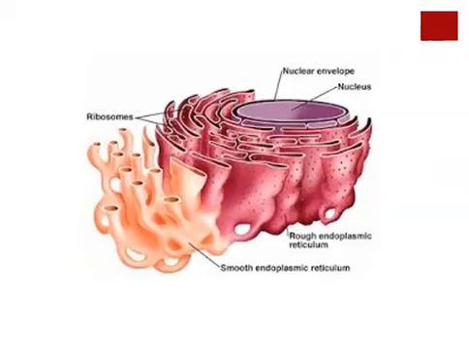On this slide, you can see a drawing of the endoplasmic reticulum. And the reason I like this drawing is because it shows how both kinds of endoplasmic reticulum are actually attached to each other. And the rough endoplasmic reticulum is actually attached to the outer layer of the nuclear envelope.